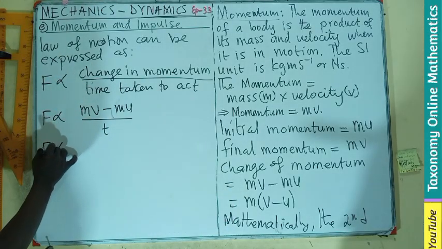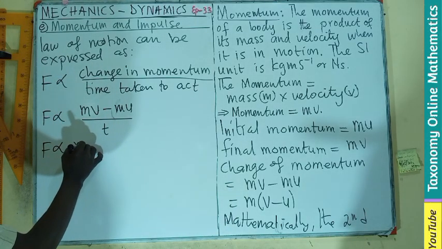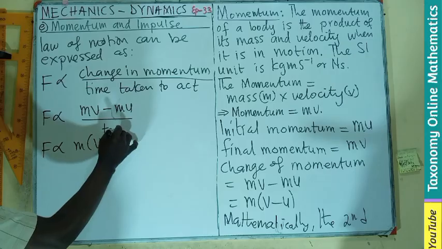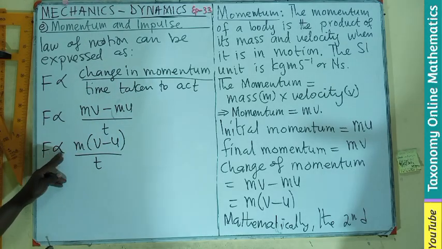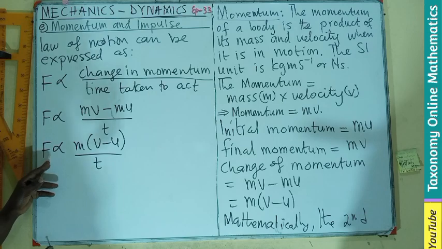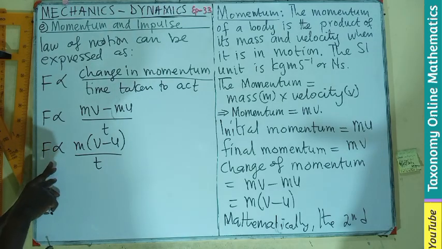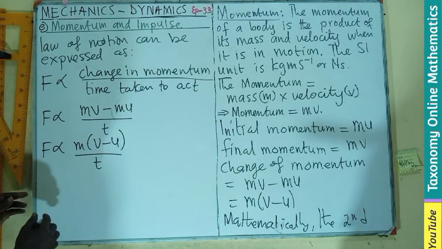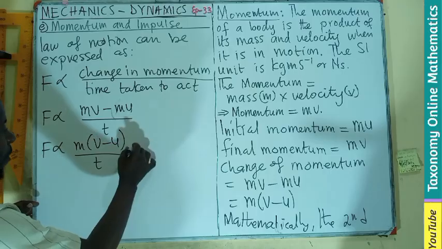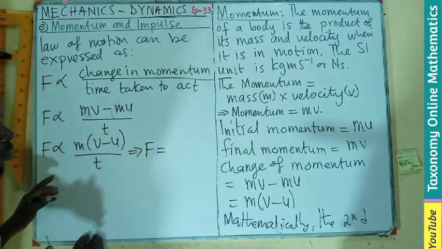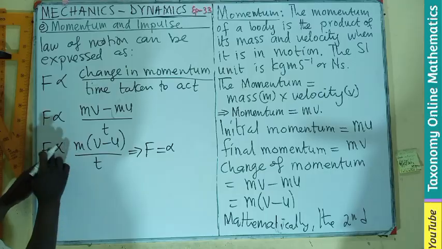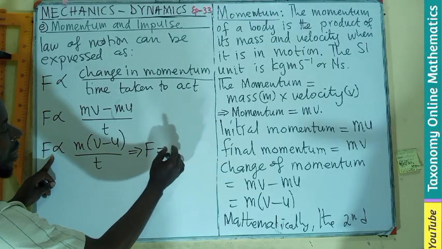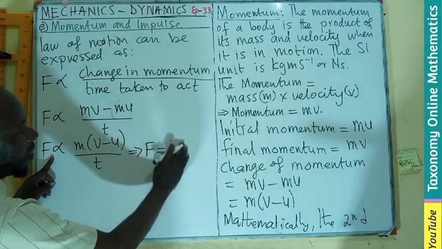So we can have this as m(v minus u) divided by t. Now, this is a constant of proportionality, which the definition says. So if this is taken as force equals, let's say this is alpha, I think this proportionality, let me rewrite this. How will I write alpha?